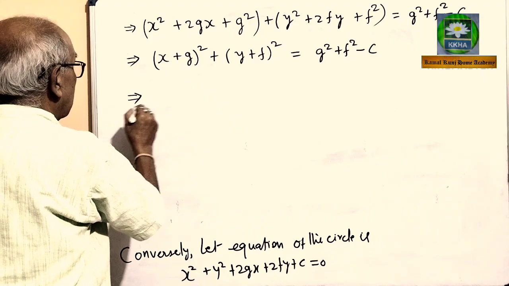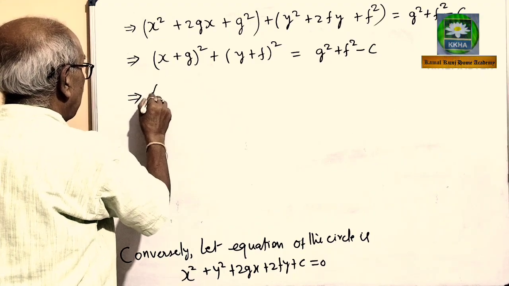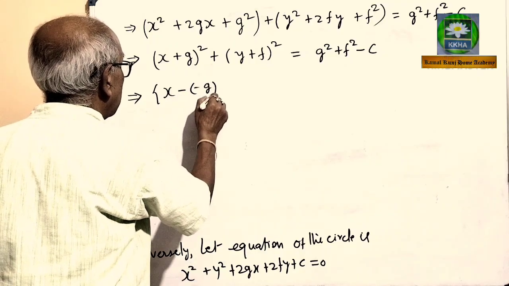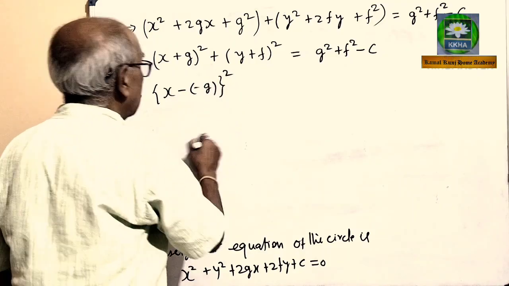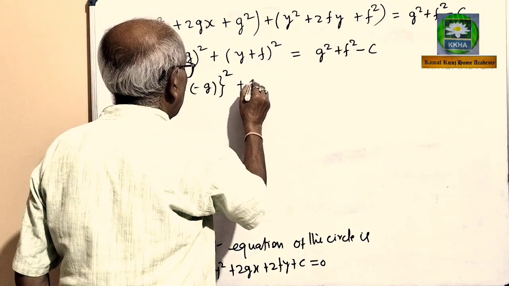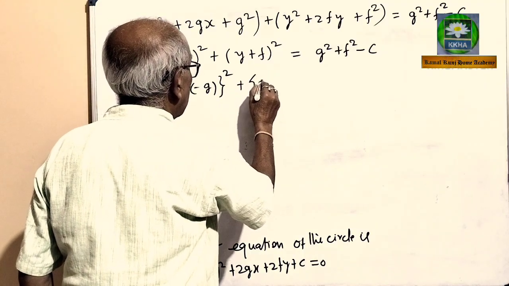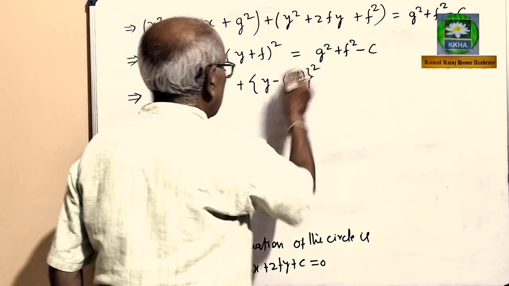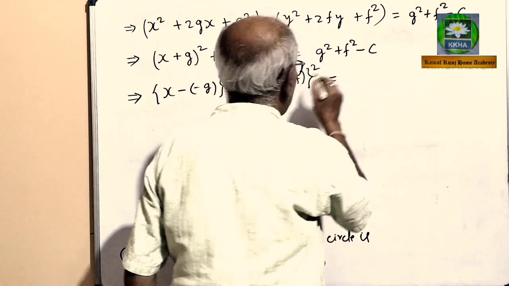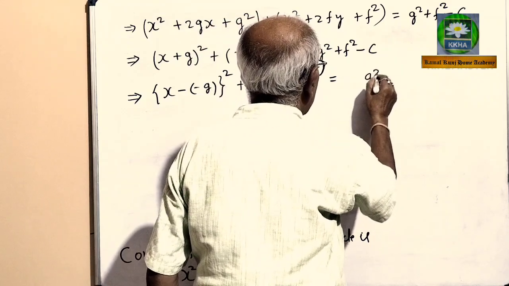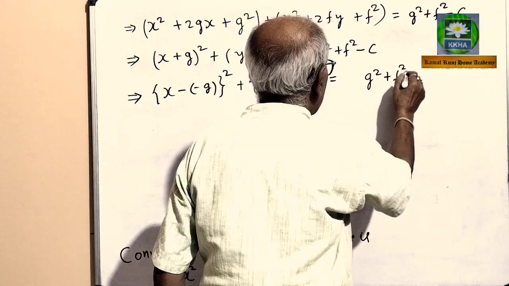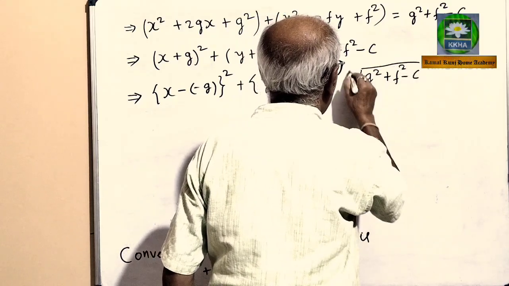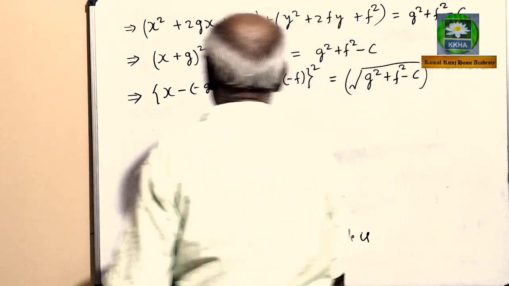This can be written as (x minus (minus g)) whole square plus (y minus (minus f)) whole square equal to (square root of g square plus f square minus c) whole square.